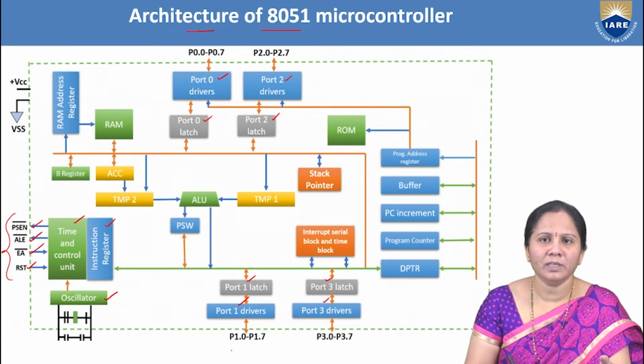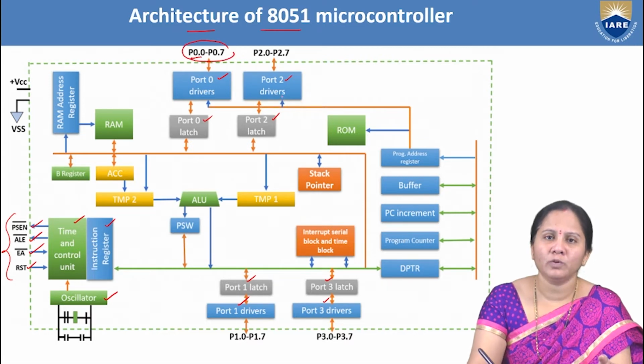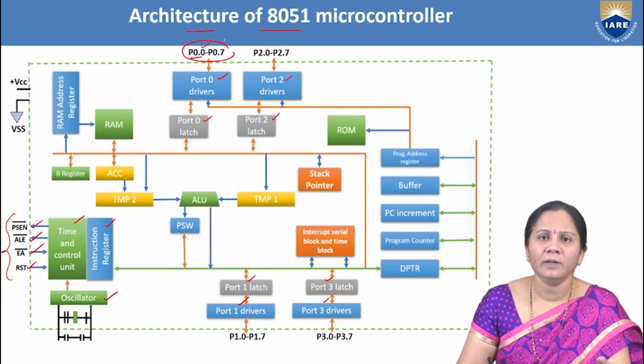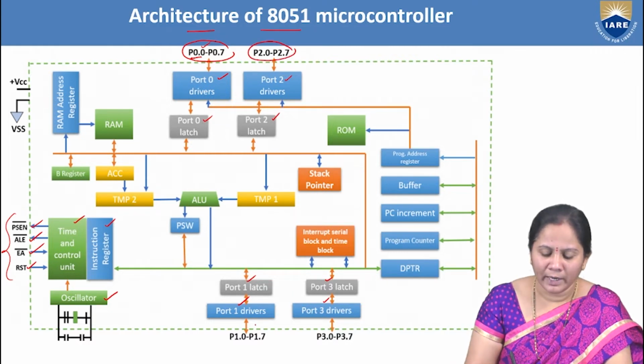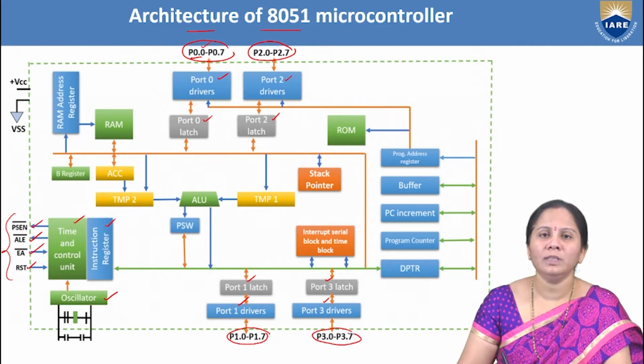We can observe that each port size is 8-bit. Here P0 stands for port 0, and this 0 represents that particular port's bit size, 0 to 7, so port 0 is 8-bit. Similarly port 2, port 1 and port 3. All these ports are 8-bit ports.